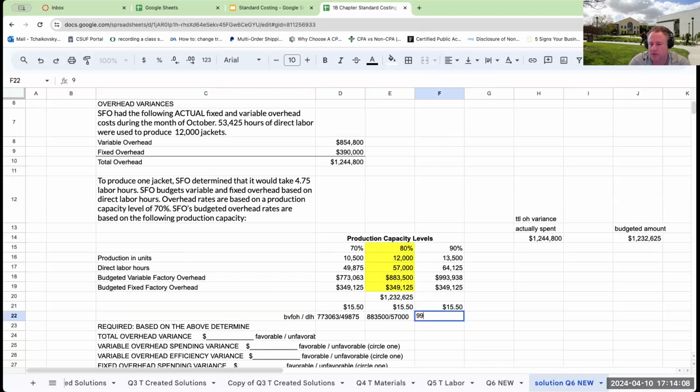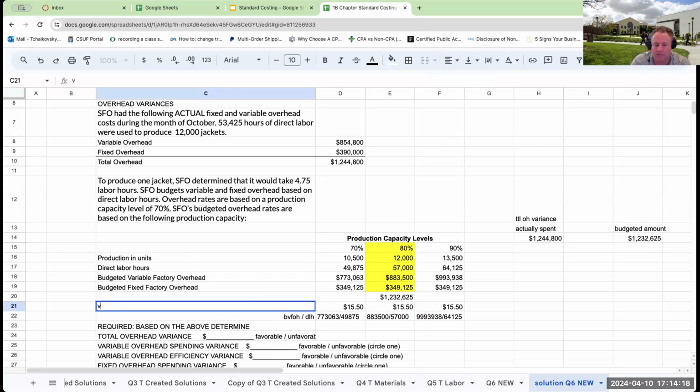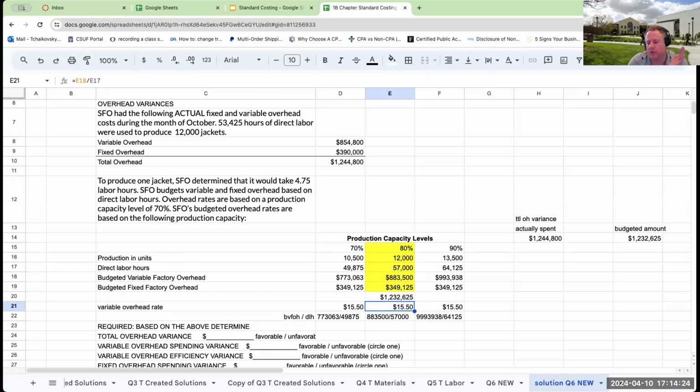This over here is going to be 993,938 divided by 64,125. So when we're looking at the variable overhead rate, it's going to be 15.50, and it should be the same at every level, right? Because it's variable.